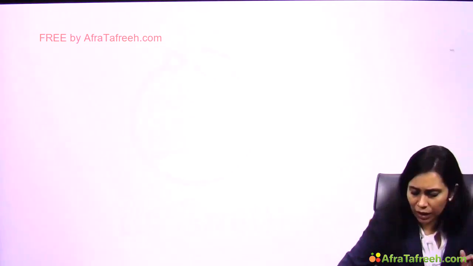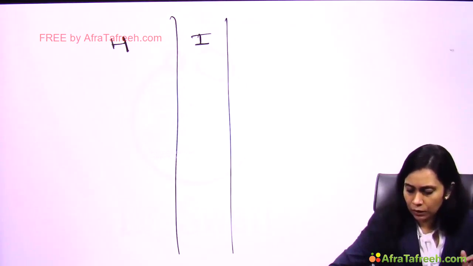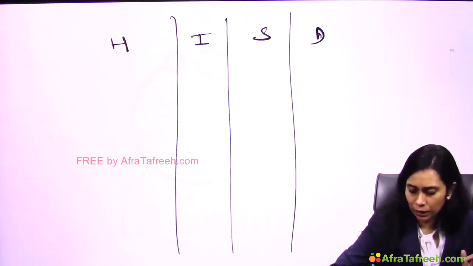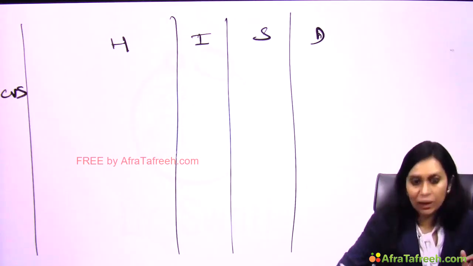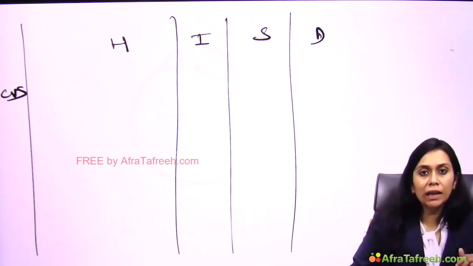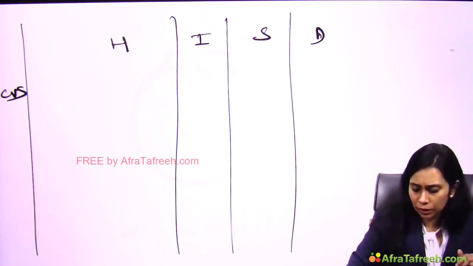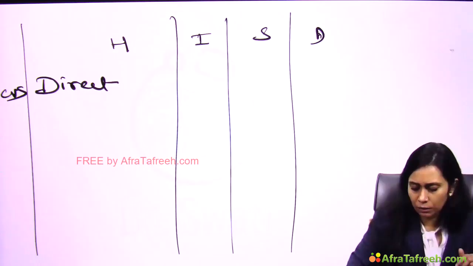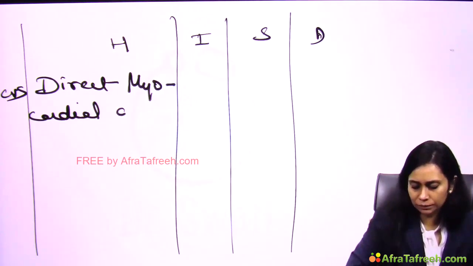Among the 4 agents written on the screen, only halothane has a direct effect on the heart. It is a direct myocardial depressant. We are discussing halothane, iso, sevo and des, and only halothane has a direct effect on the heart.